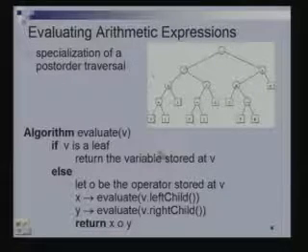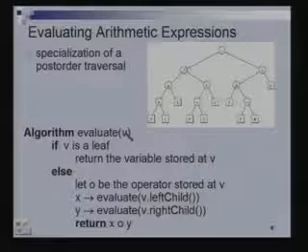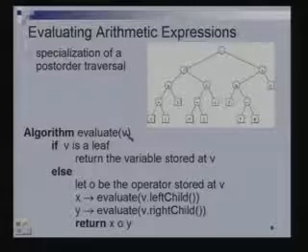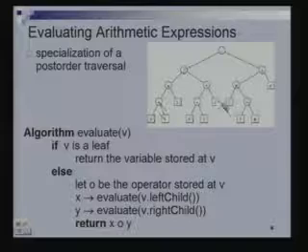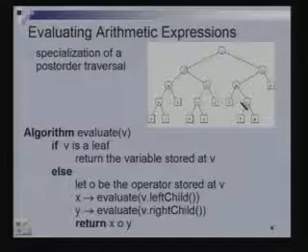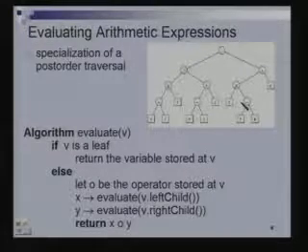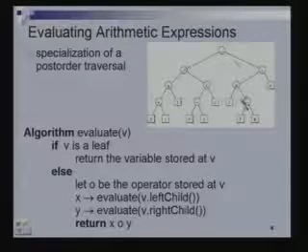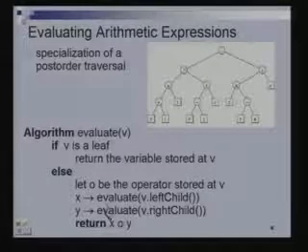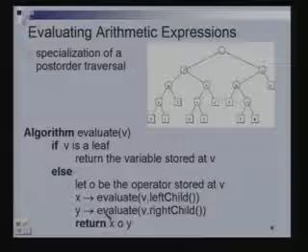That will be the value of the expression corresponding to node V. This is pseudocode, of course, but I hope you understand what I'm trying to say. Essentially this is like a post-order traversal, with a small modification.